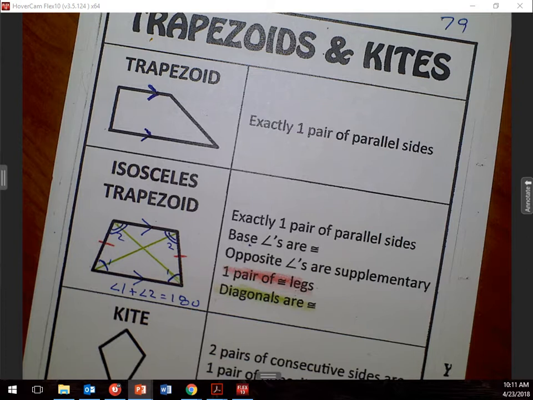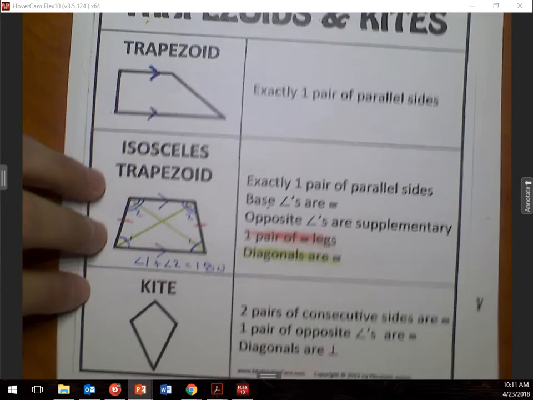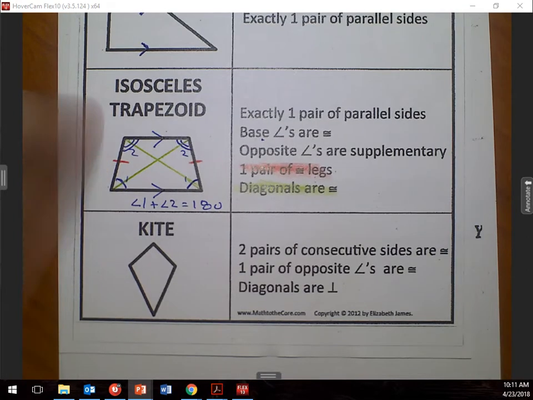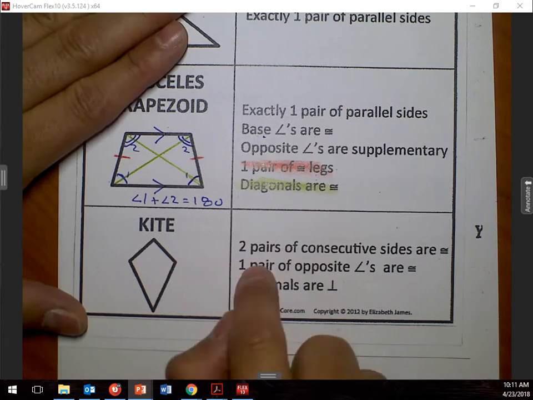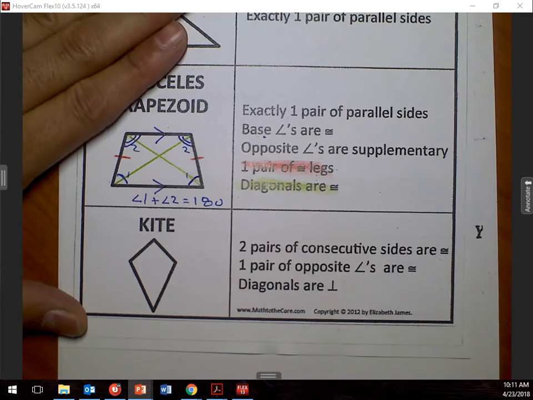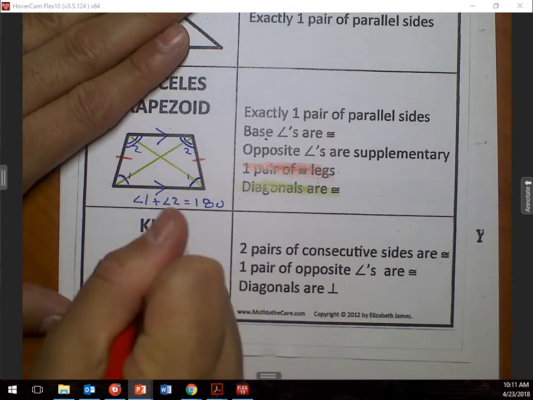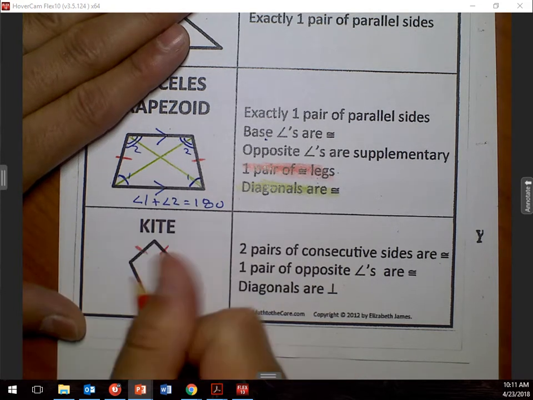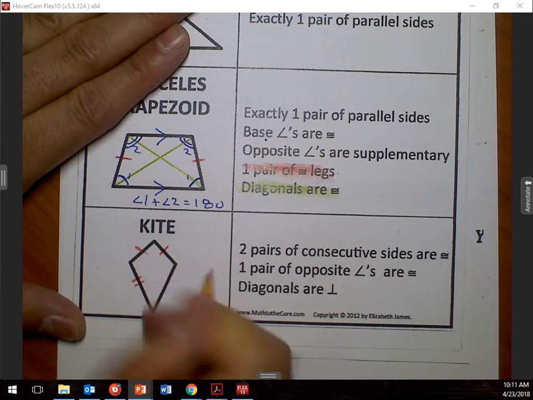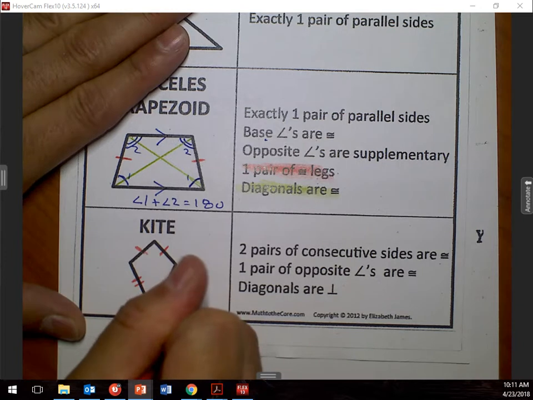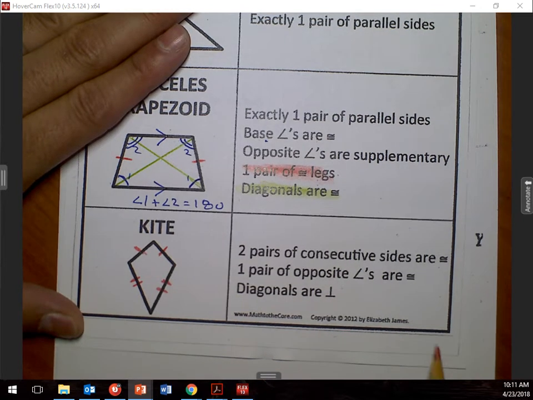Thank you. Now let's take a look at this next one on the kite. The kite, it says two pairs of consecutive sides are congruent. So that means that this one is congruent to this one. This one down here is congruent to this one right here. What does consecutive mean?